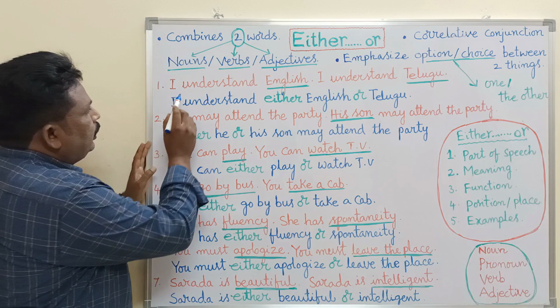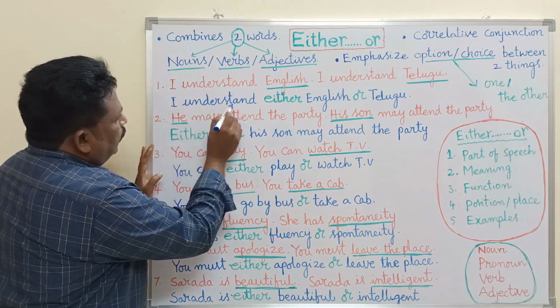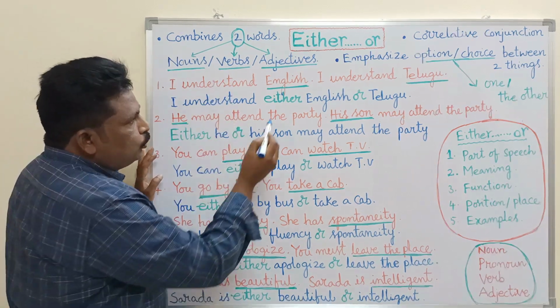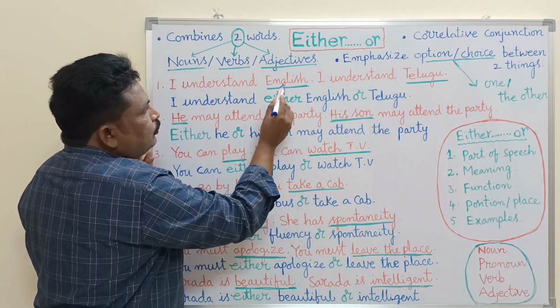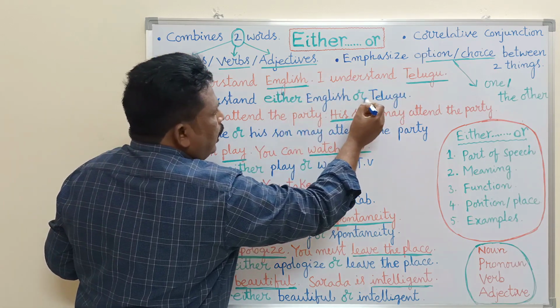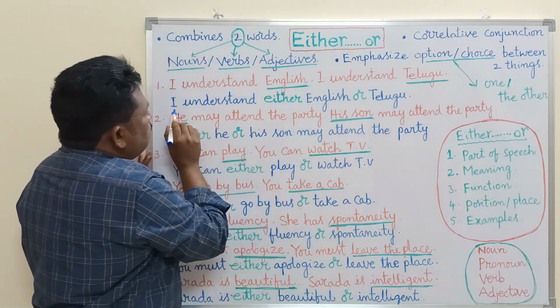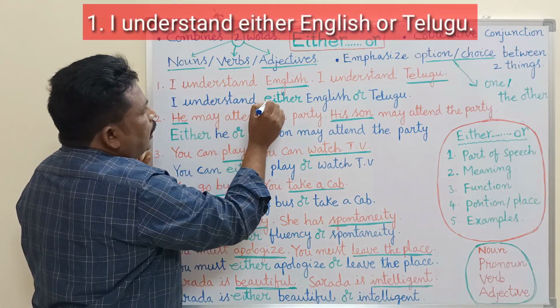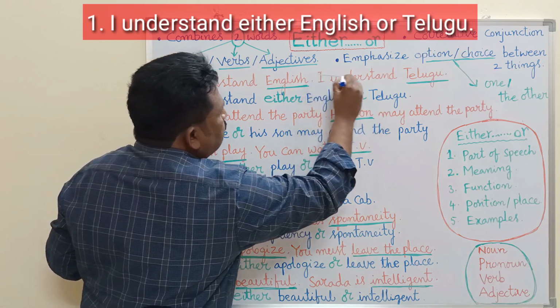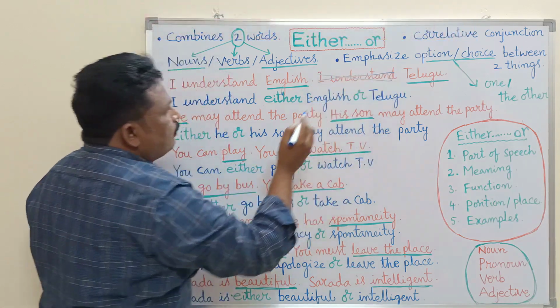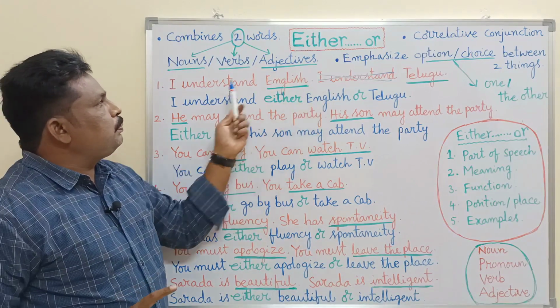So we write the first expression, I understand. What are the two different words? English, Telugu. So use either before English and use or before Telugu. So the answer is: I understand either English or Telugu. This is avoided. You know why it is avoided? Because it is repeated.